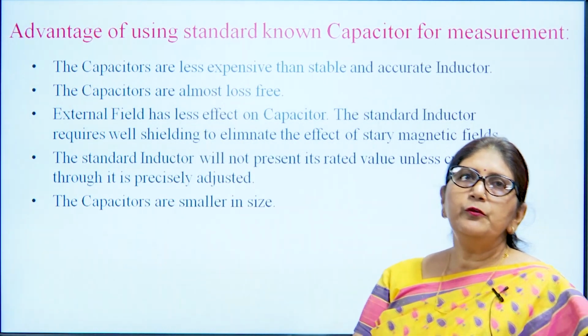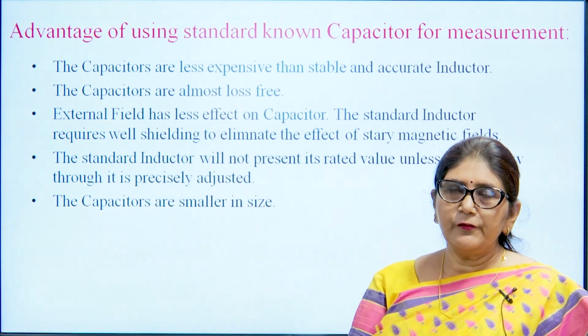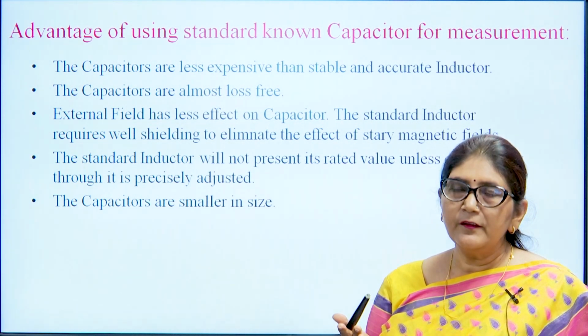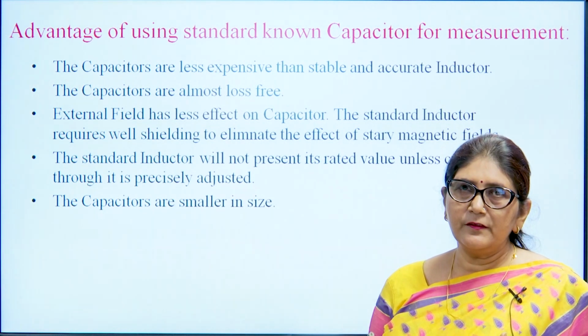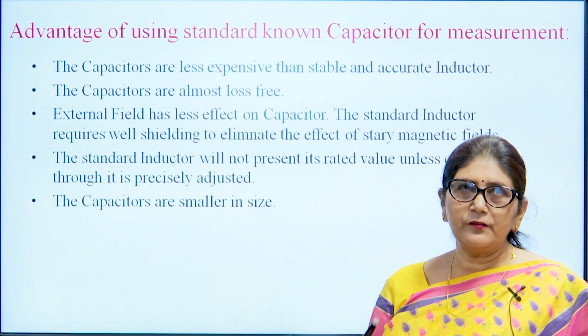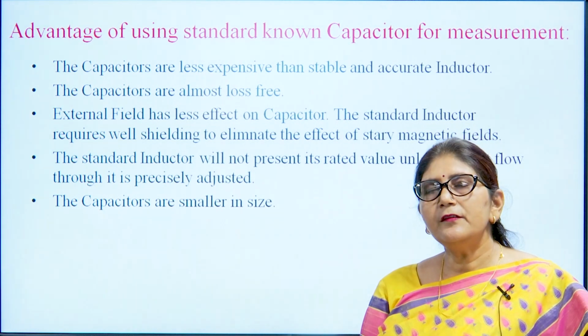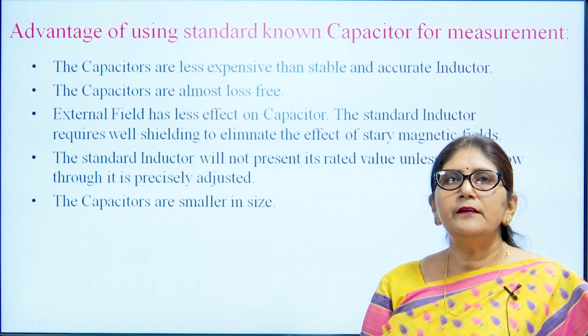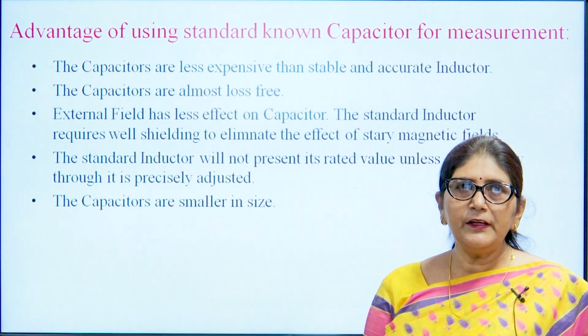Why have we used this standard known capacitance for the measurement? In the previous circuit we used inductors, but here we are using capacitance. Why? Because capacitors are less expensive than inductors, and capacitors are generally loss free.